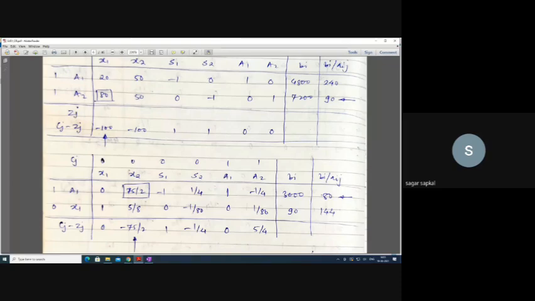Now choose the minimum non-negative Bi upon Aij for deciding the outgoing element. So that is A1, and A1 will go, and at the place of A1, X2 will come in the next table. Now in the usual manner, you have to complete the next table by making the usual row transformations or calculations.